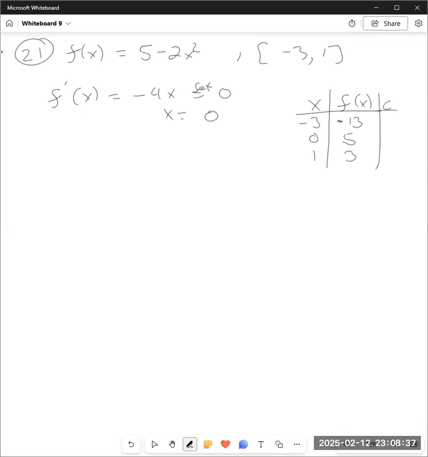My conclusion is that this is the absolute min because it's the lowest of them. And this is the absolute max because it's the highest of them.